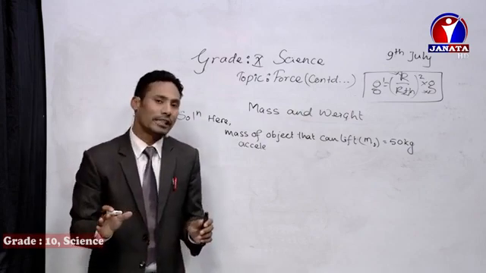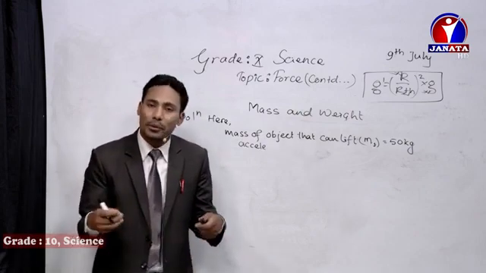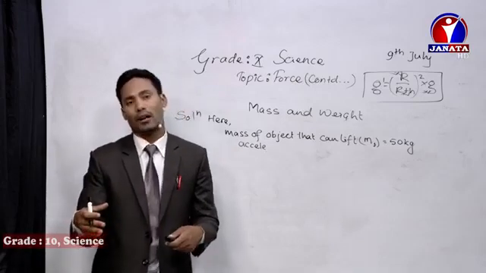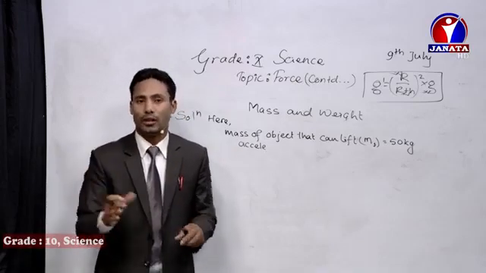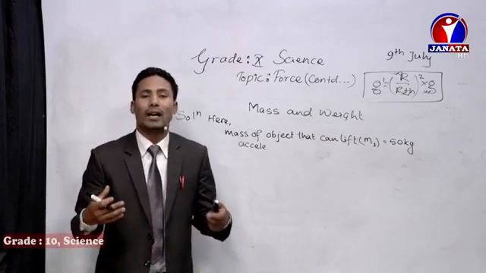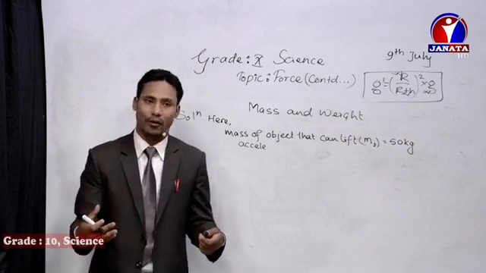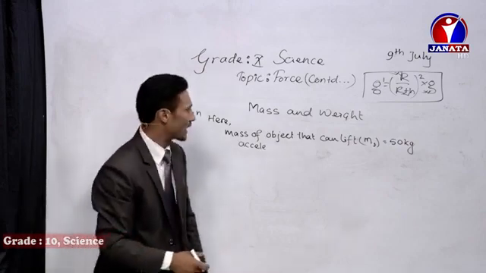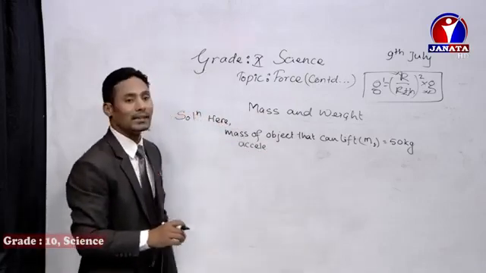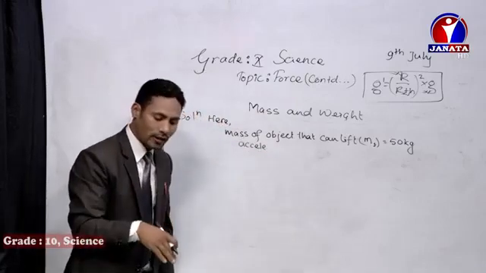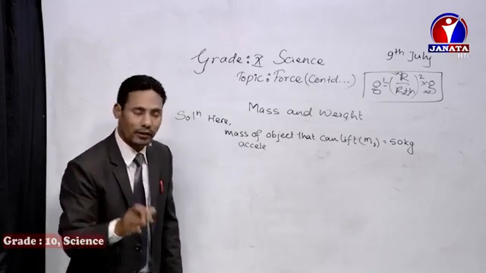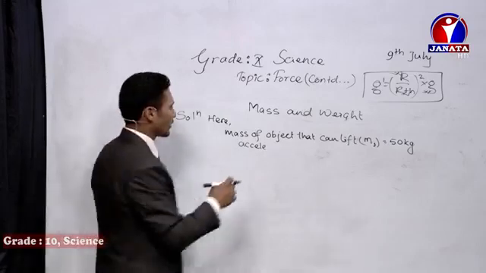I think the question is clear, right? The same person will carry the object on the earth, and the same person will carry the object on the moon. The object may be different, but the same person will carry. In that condition, what is the amount of mass he can carry on the moon, that we are going to calculate? So for this, the mass is given, and the acceleration due to gravity of earth as well as of the moon are required, which we have discussed previously also, right?